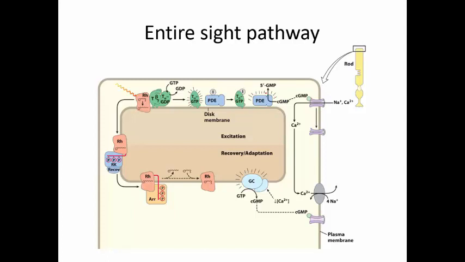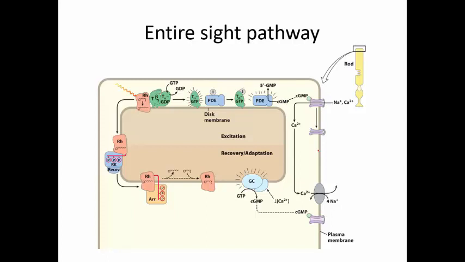So in any case, it's going to activate this phosphodiesterase, which takes the cyclic cGMP, cleaves it, and that lowers the concentration of cGMP, which will close the sodium and calcium channel, which causes lower sodium and calcium inside the cell, which starts the action potential.